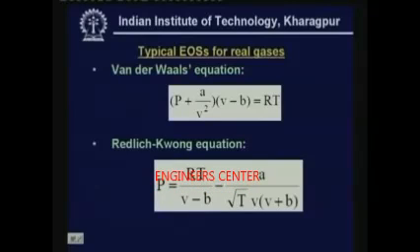Here P is RT divided by V minus B, minus A divided by square root of T into V plus B. The form is slightly different, and we have introduced two new constants A and B, and similar to the van der Waals equation, these constants are functions of the critical point and also the nature of the gas.